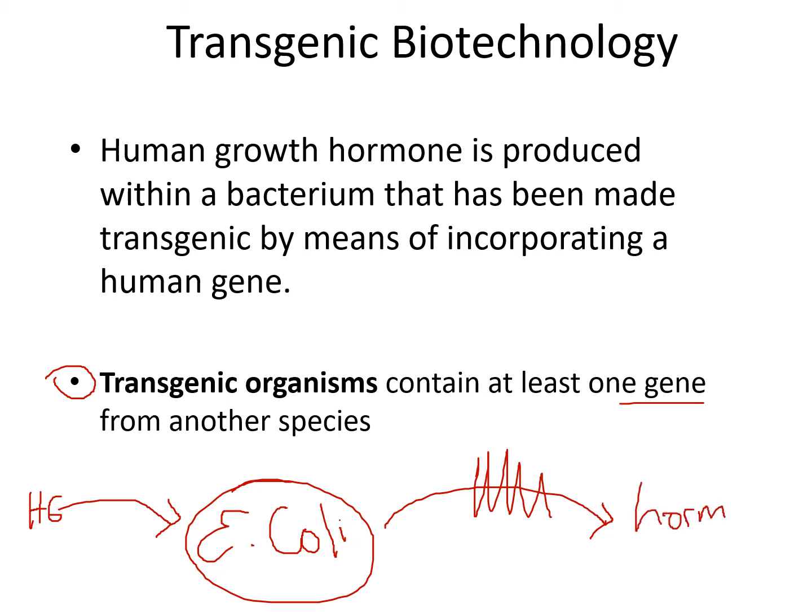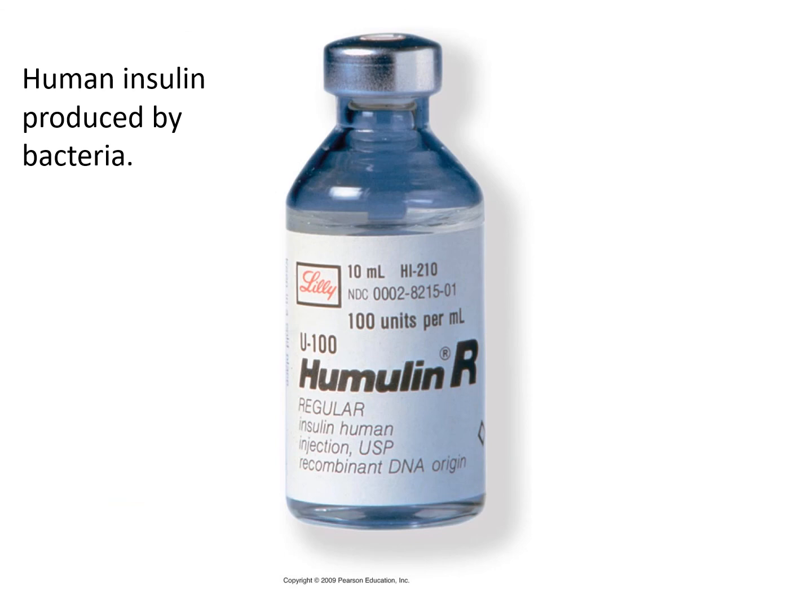It's much cheaper. You can make much larger quantities of it, and you can really control the purity of your hormone, of your product with this. So it's a really good way to make pharmaceuticals. This is human insulin that's also being produced in bacteria.